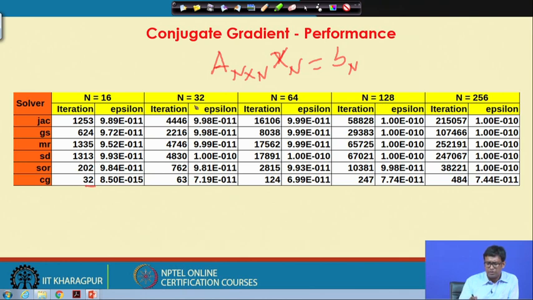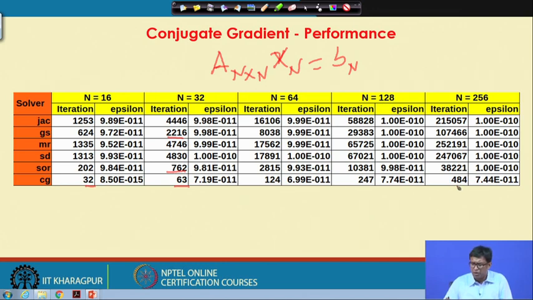For n equal to 32, Jacobi, MR, SD are comparable, taking around 4,800 iterations. Gauss-Seidel takes 2200, SOR with optimum over-relaxation takes 760, and conjugate gradient takes 63, which is almost twice n.